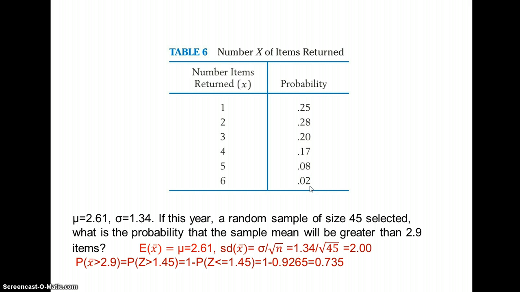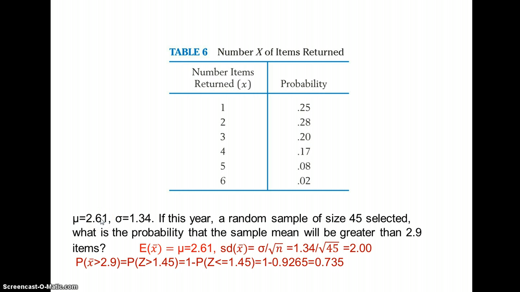Okay, now back to our question. This is the example in the textbook on page 282, and we have this table, the population distribution. We can use the formula we learned before to find the population mean. Multiply each value by its corresponding probability and add them together, and we get 2.61.